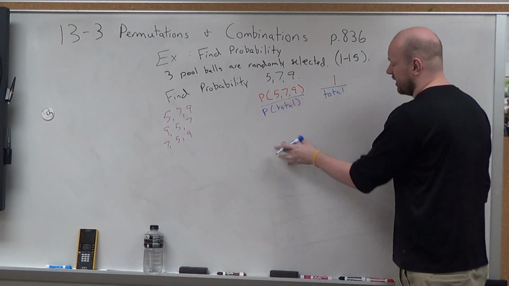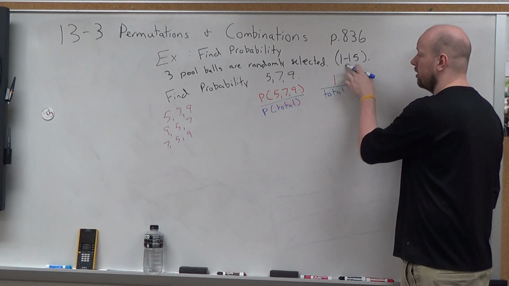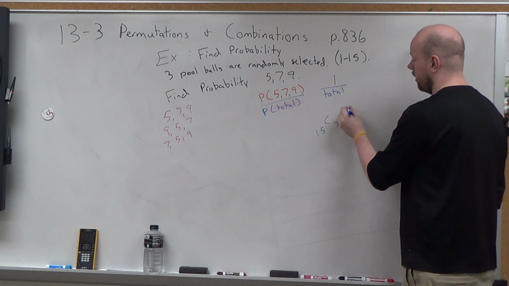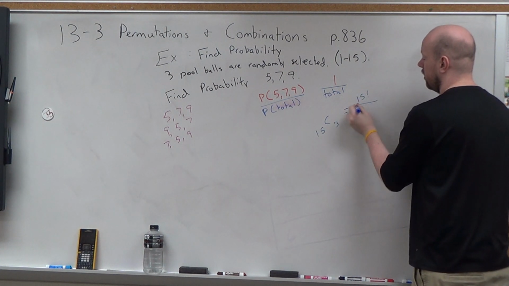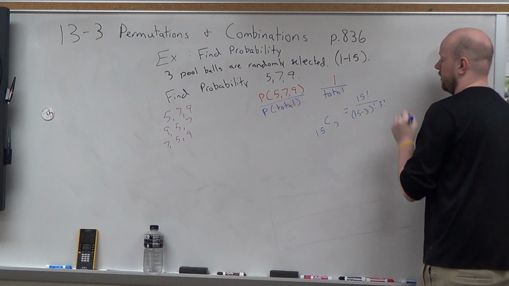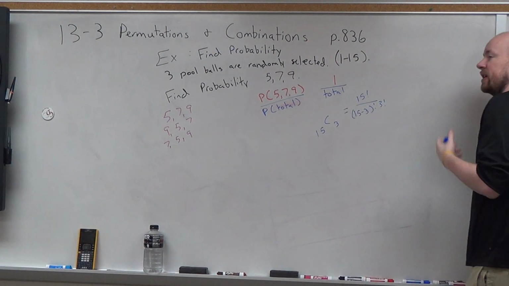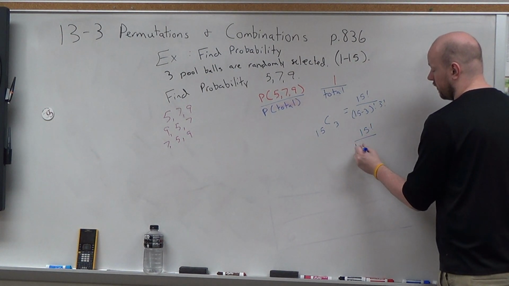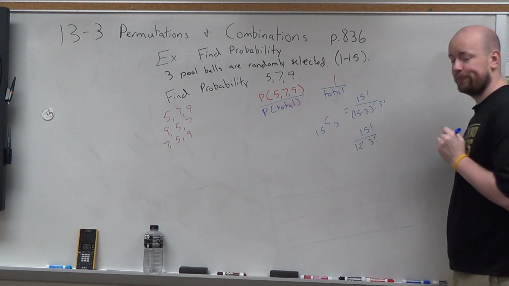So my combination is, again, how many total could I pick? 15. How many am I selecting? 3. And I get 15 factorial over 15 minus 3 factorial, 3 factorial. 15 minus 3, that's pretty easy, that's just 12. So I get 15 factorial over 12 factorial, 3 factorial.